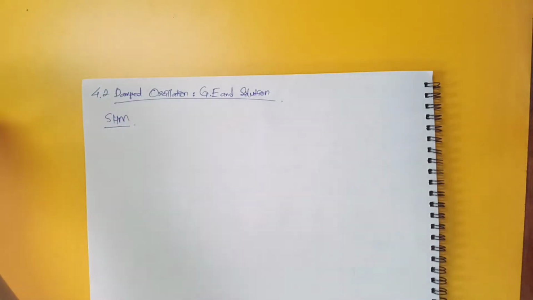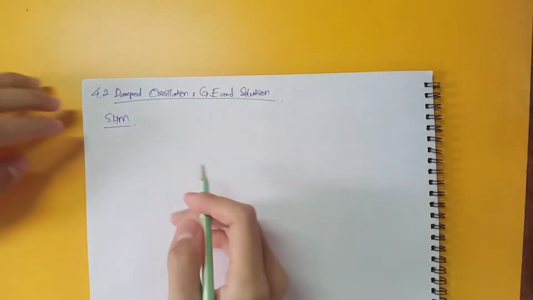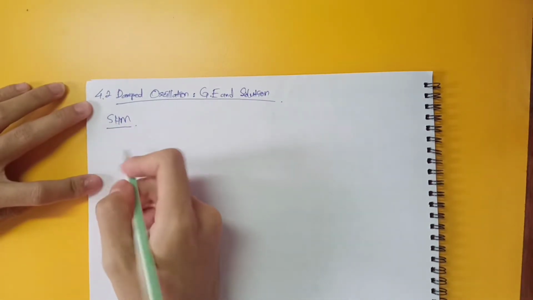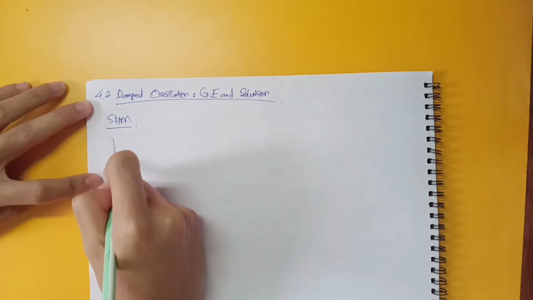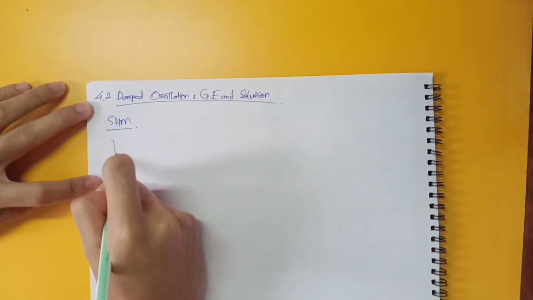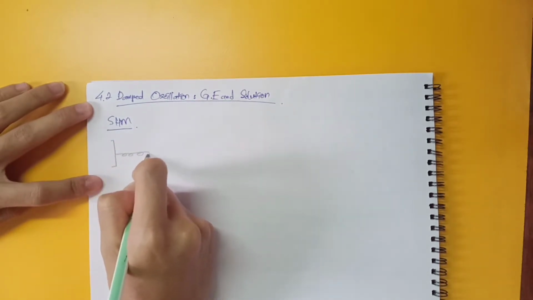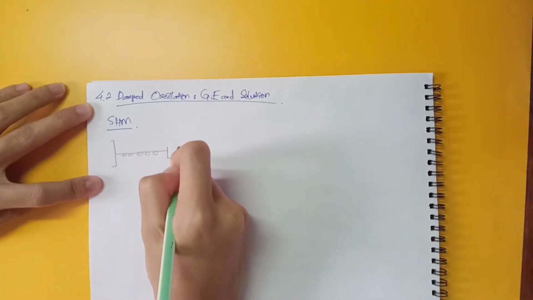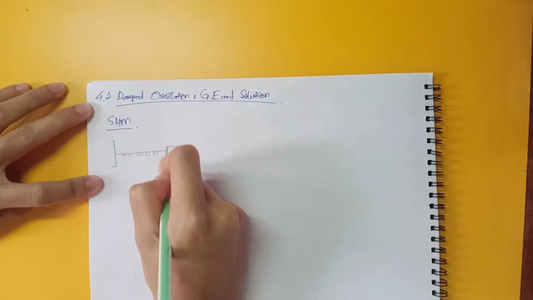In simple harmonic motion, I'll give you an example system which oscillates in simple harmonic motion. Let's say that we have the wall here, and then we have the spring, and then we have the block.